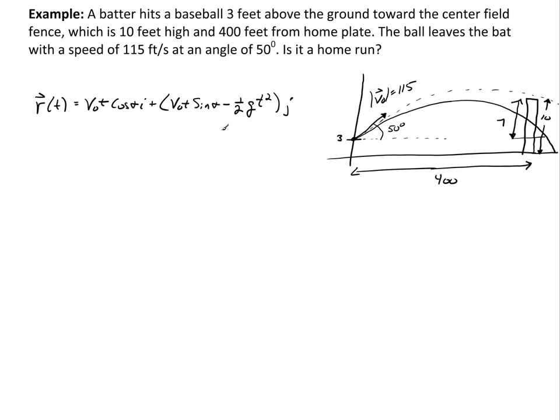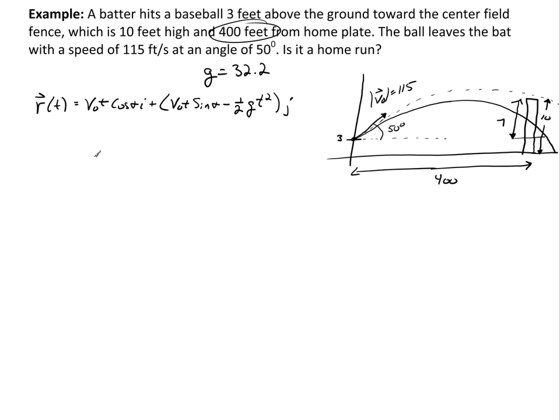And in this case, because I'm working 400 feet, I'm going to use g as being equal to 32.2. So that's 32.2 feet per second per second. That's the acceleration of gravity.